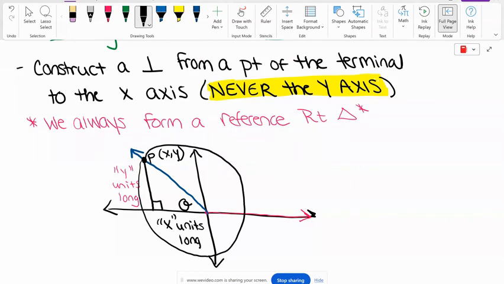If this triangle is part of some circle, what do you call a segment from the center of the circle to the rim of the circle? Does anybody remember that name from geometry? A radius, yeah. So this will be r for radius. That will be our radius of the circle, that hypotenuse.